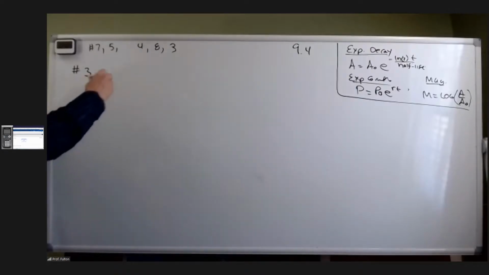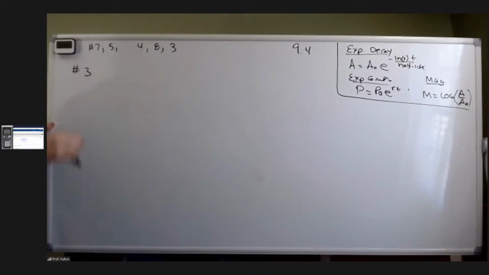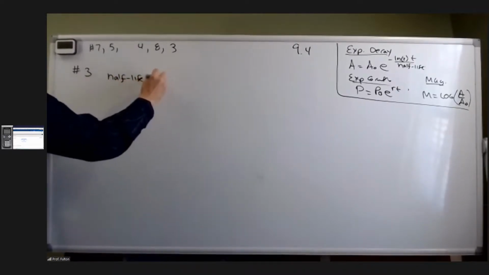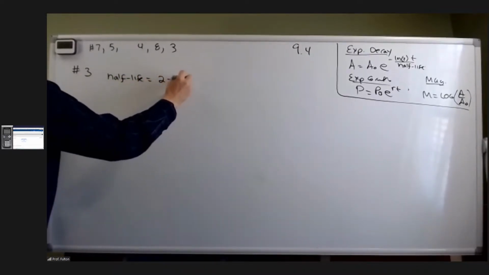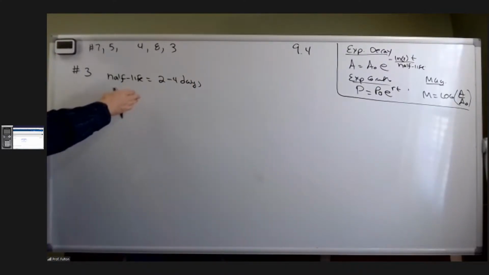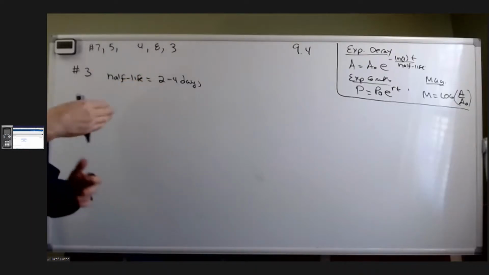Okay, so let's put our model over here. We'll give it a range of values, since the half-life is 2 to 4 days. You could take an average of 3, or you could find the minimum half-life is 2 days and the maximum is 4. So you could get a range.